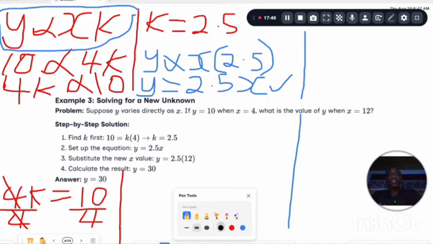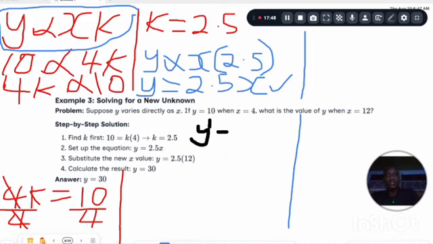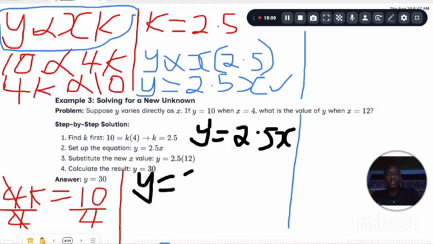I will simply bring out the equation I've derived here, which is y equals 2.5x. Find the value of y when x is 12. Y equals 2.5x means 2.5 times x. So 2.5 into bracket x. And my x now is 12.